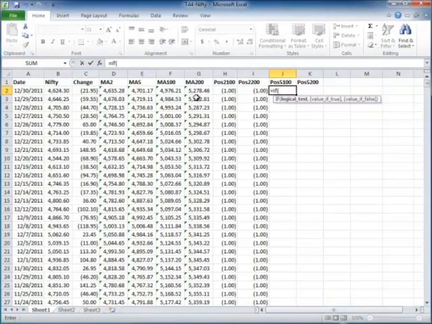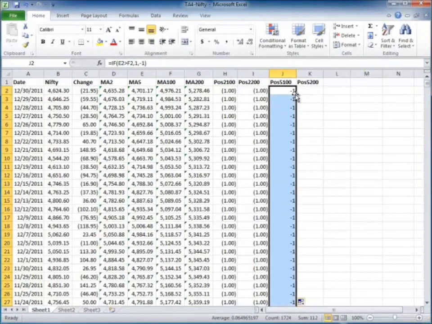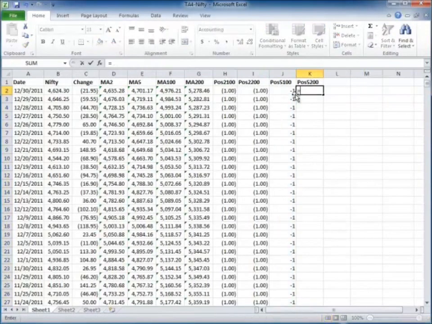If MA5 is greater than MA100, then give me a 1, otherwise give me a -1. And finally, 5 and 200. If MA5 is greater than 200, give me a 1, otherwise give me a -1.